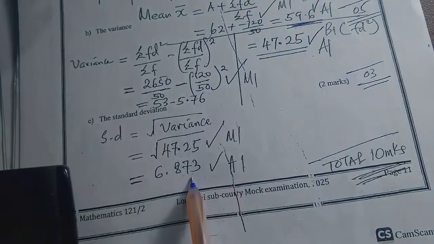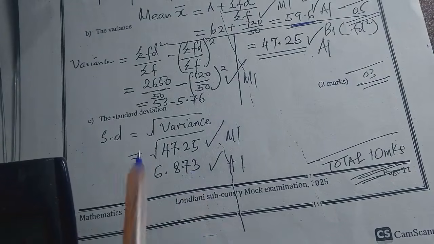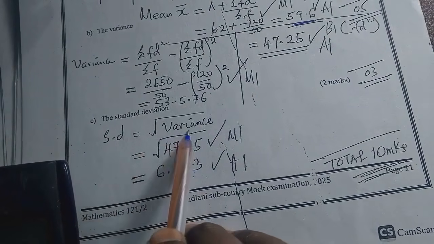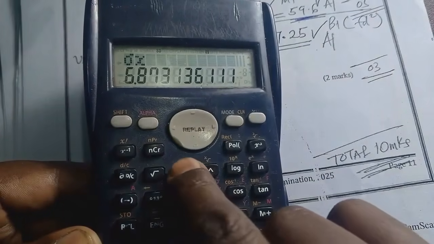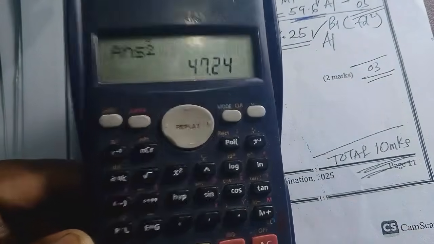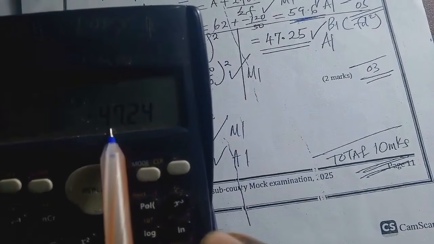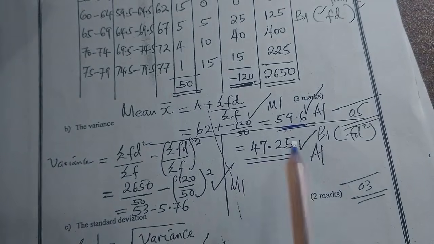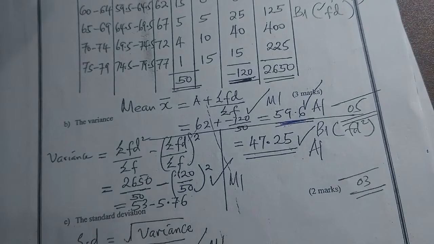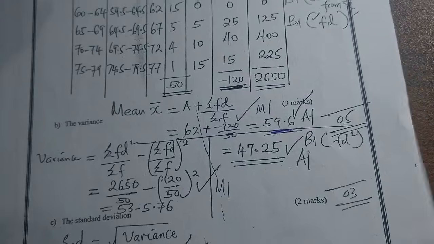We know that standard deviation is the square root of variance, so to get the variance, you square the standard deviation. If you square this, the answer is the variance, 47.25. You see? That's how you confirm that you have done the correct thing in statistics.